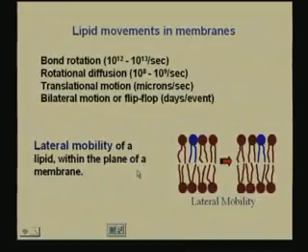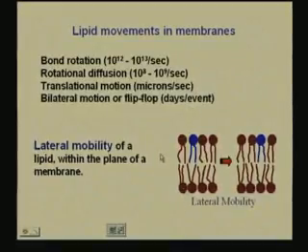So, the two types of motion that can actually occur apart from bond rotation and rotational diffusion are translational motion, that is lateral mobility, and we will see how this lateral mobility is actually important, because it will help the transport of any material inside to the outside or outside to the inside of the cell. Okay?